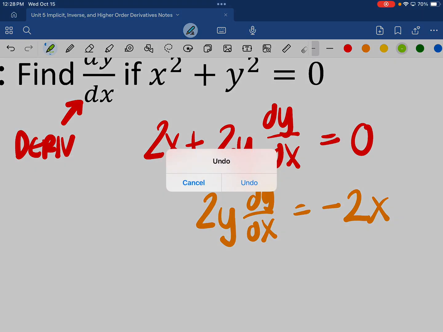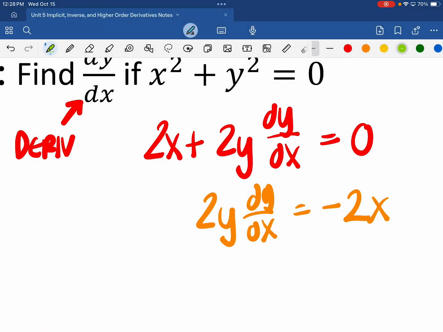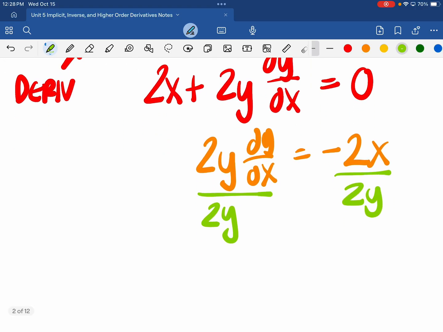On this one, I don't need to do the GCF step because it's just the one term over here. So we can go straight to dividing. Divide by 2y. So dy dx is going to equal negative x over y because the 2's will reduce.